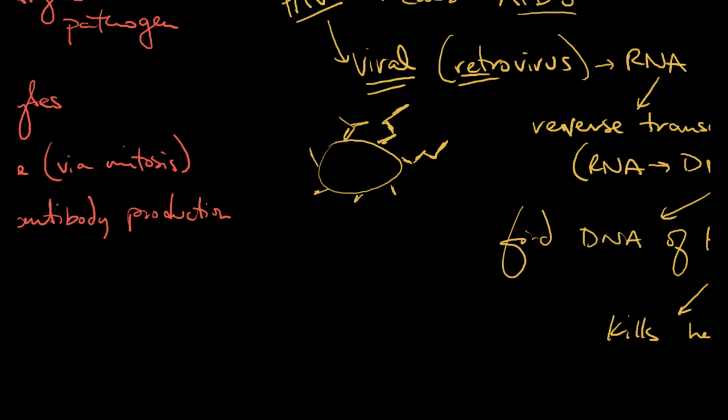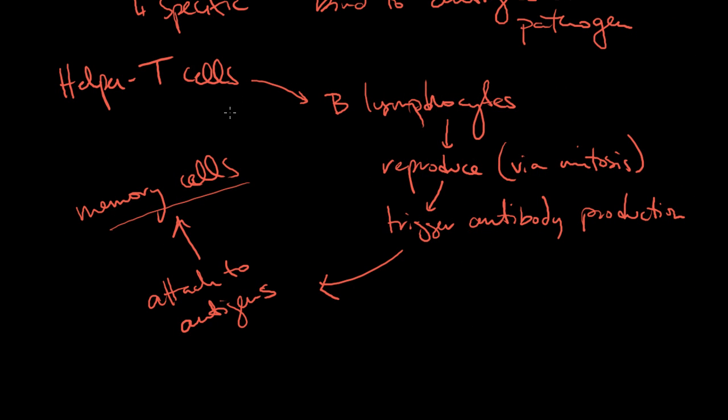Now, if we go back and we see that we've got helper T cells here, if the helper T cells die, then the B lymphocytes never get signaled to reproduce, trigger antibodies, and attach those antigens to a new pathogen.